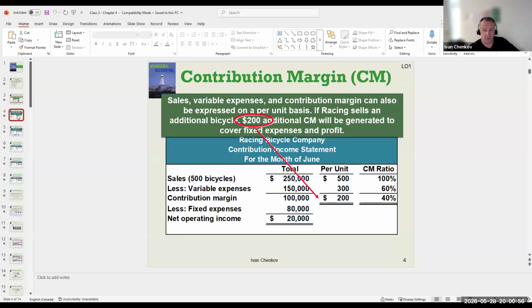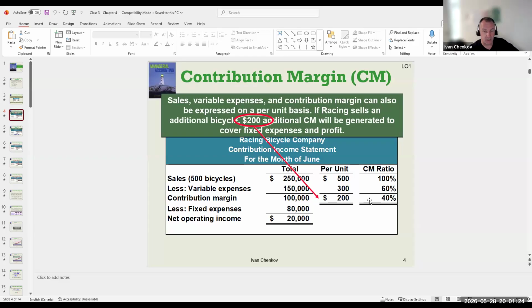If we go to the per unit level, we can easily calculate, as we already did, that the sales price per unit is $500, variable cost is 300, contribution margin is 200. As ratios, sales are always 100%. Variable cost expressed as a share of sales, either per unit or in total, is always going to be the same, 60%.